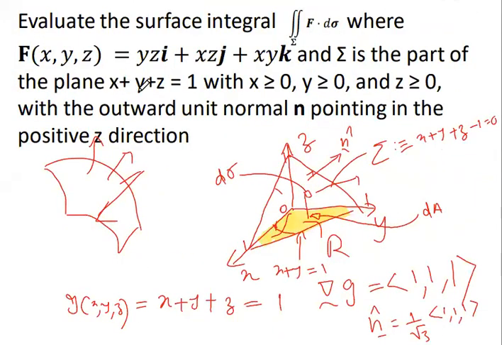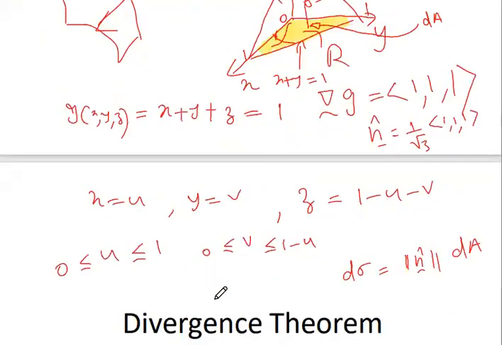Can we use x and y and z directly? Yes, you can use them. Someone is asking, can we use x and y directly? Yes, you can use x and y.